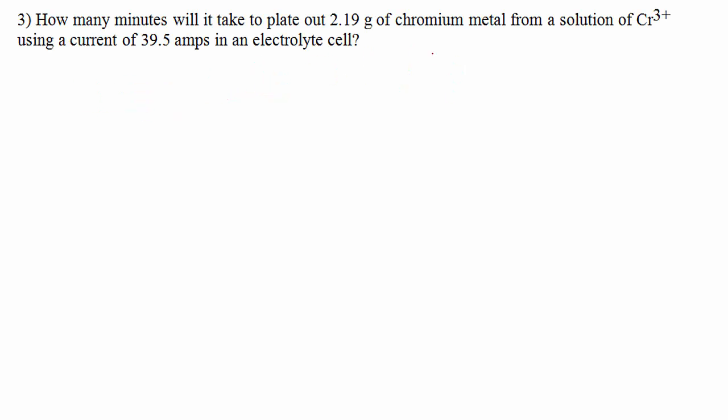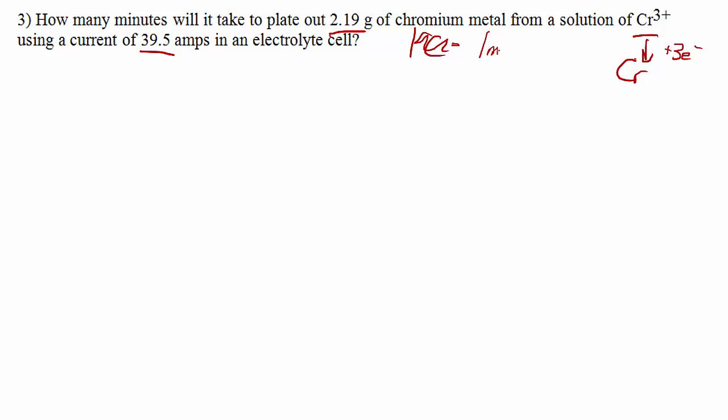It says, how many minutes will it take to plate out 2.19 grams of chromium metal from a solution of Cr3+ at a current of 39.5 amps in an electrolytic cell? So first thing, we know that chromium, in order to become chromium metal, needs 3 electrons.